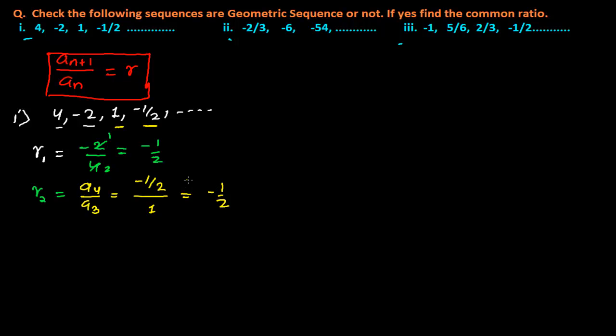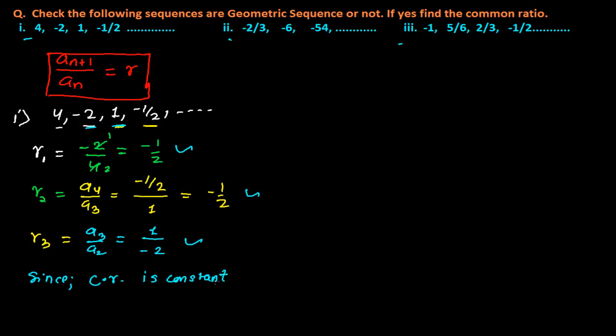Let's find out one more, the third common ratio. Here we can take any one. Let me take the third term over the second term. This sequence is a geometric sequence, or geometric progression, whatever you say.